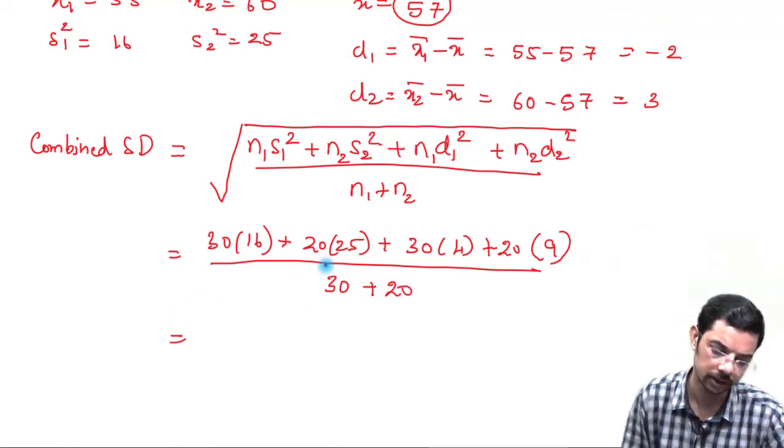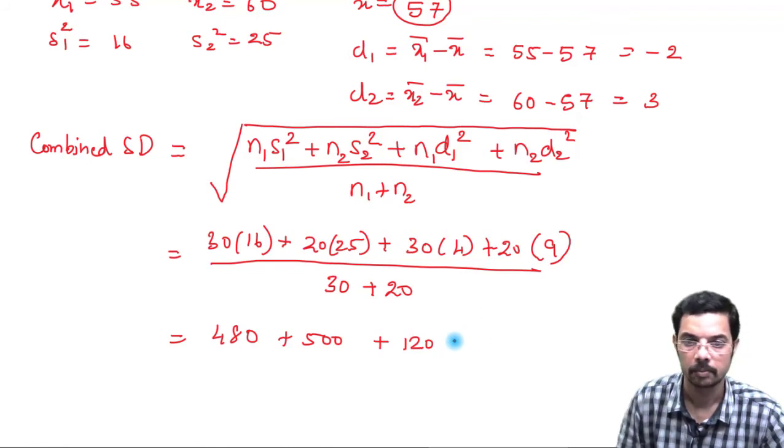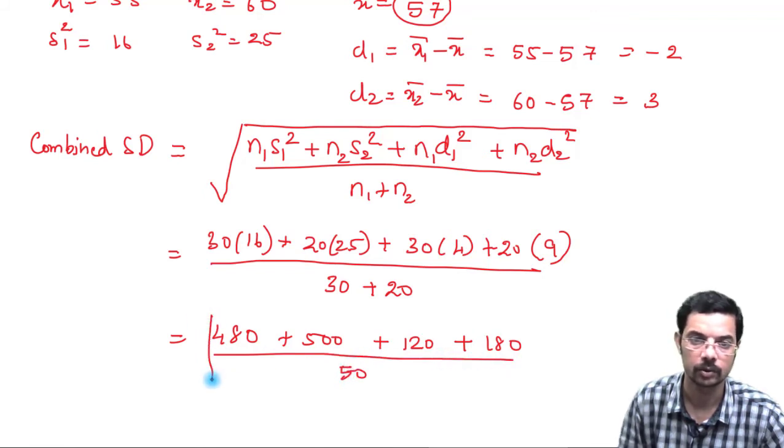When we calculate this, we get 16 3s are 48, so 480 plus 500 plus 4 3s are 12, that is 120, plus 9 2s are 180, divided by 50.